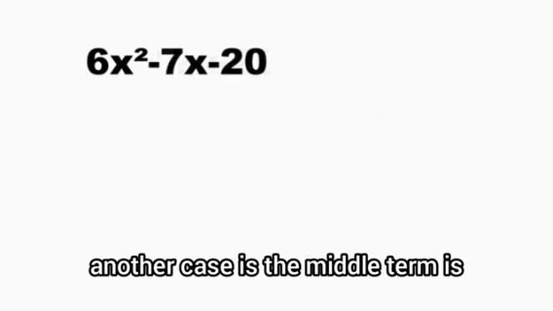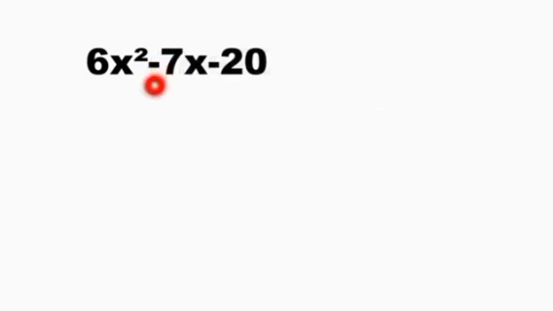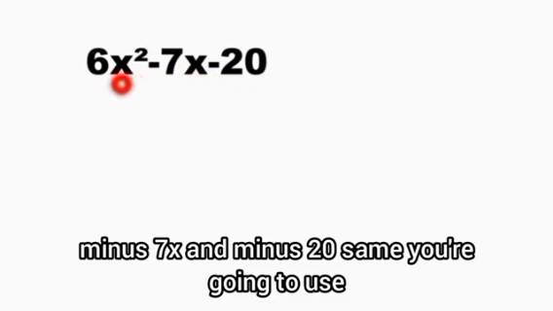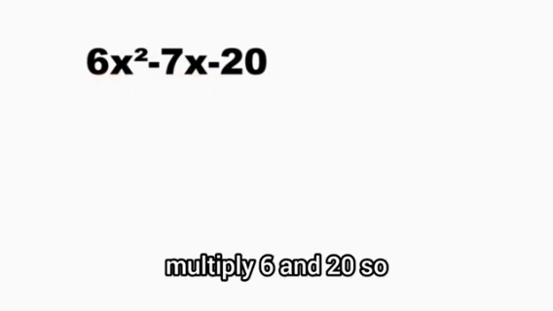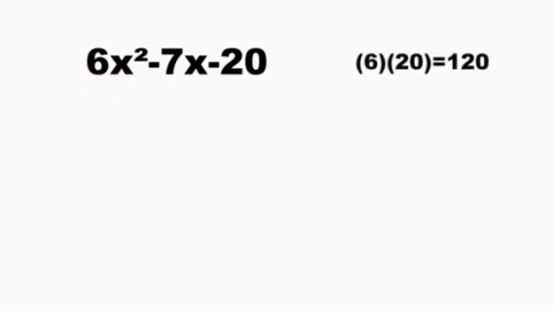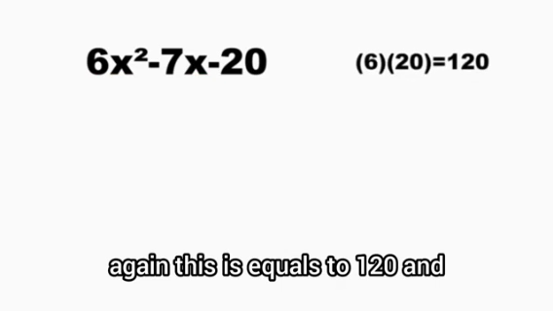Another case is when the middle term is minus 7x and the last term is minus 20. Same, we are going to multiply 6 and 20. So again, this is equal to 120.